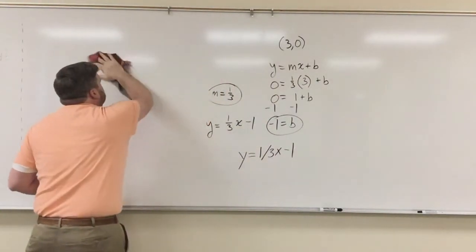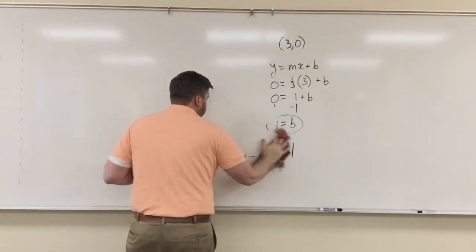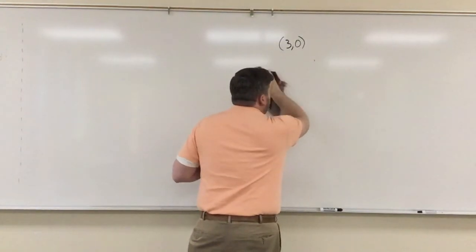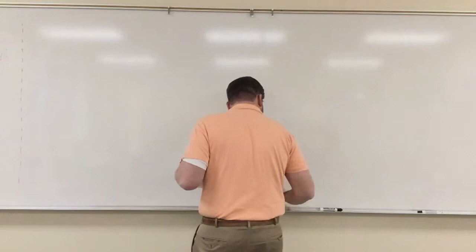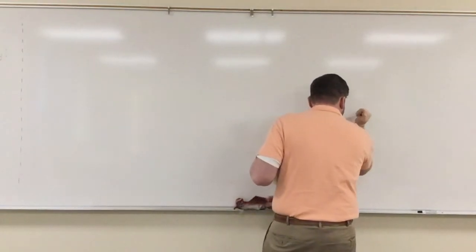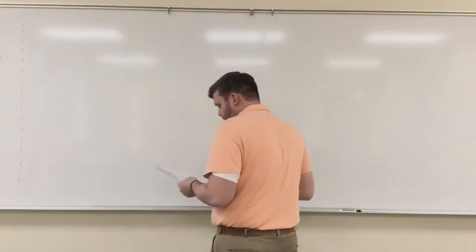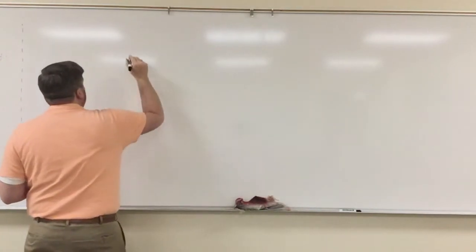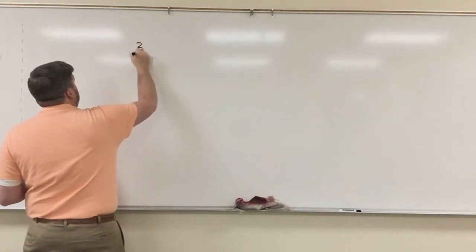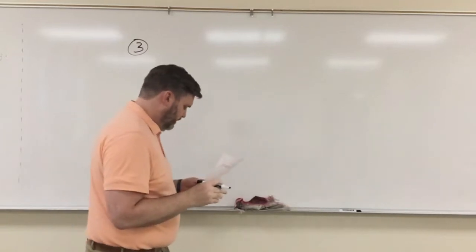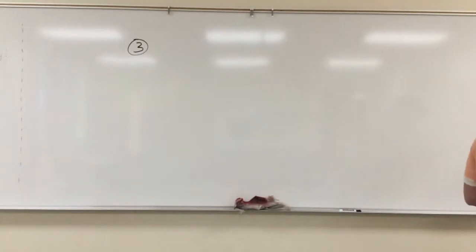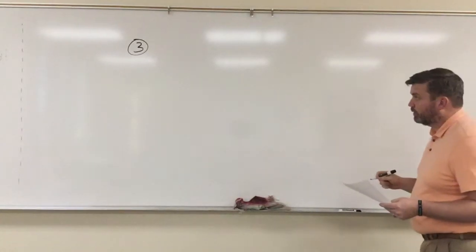All right. Number 3. Oh, I remember I changed one of these on my printed worksheet here, so I gotta make sure I don't mess that up when I work this one out.